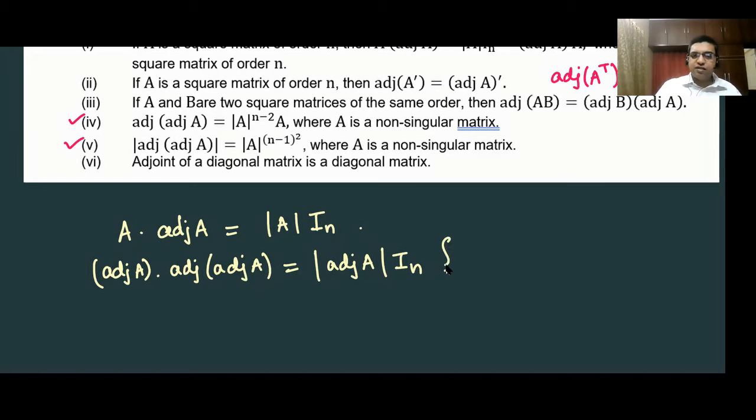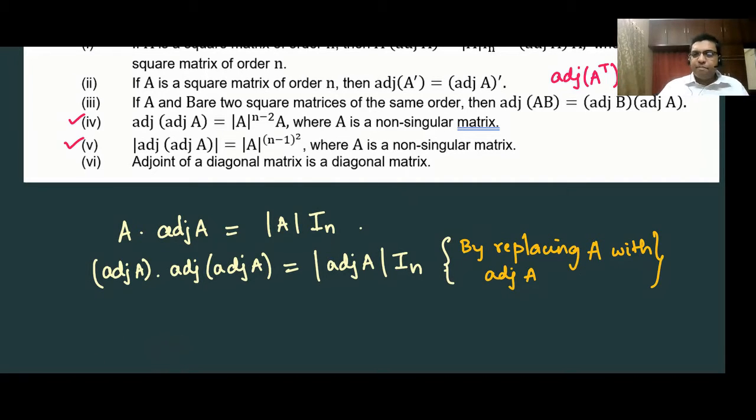How do you get this? Obtained by replacing A with adjoint A. Okay. So now what do you get? Now my target is to find determinant of adjoint A. So what I do, I'll simplify the right hand side first.